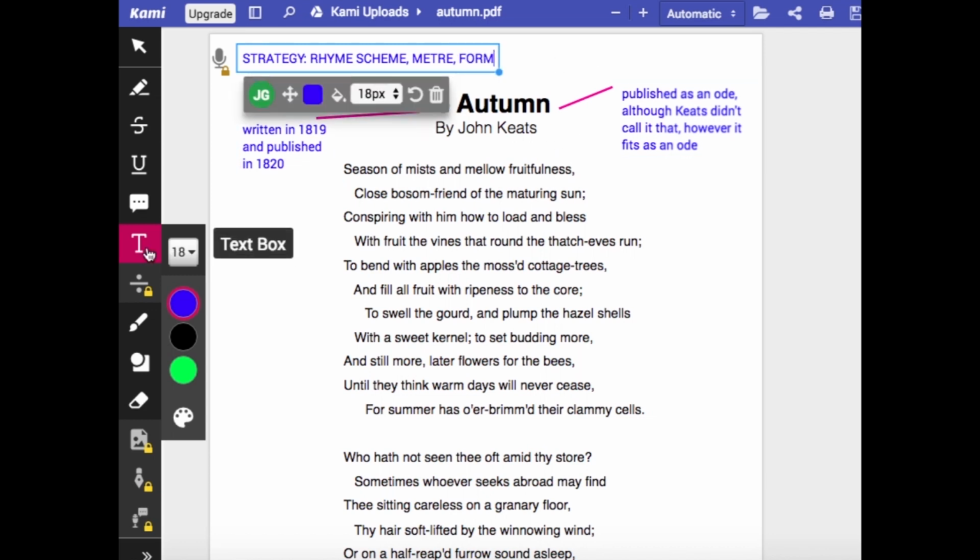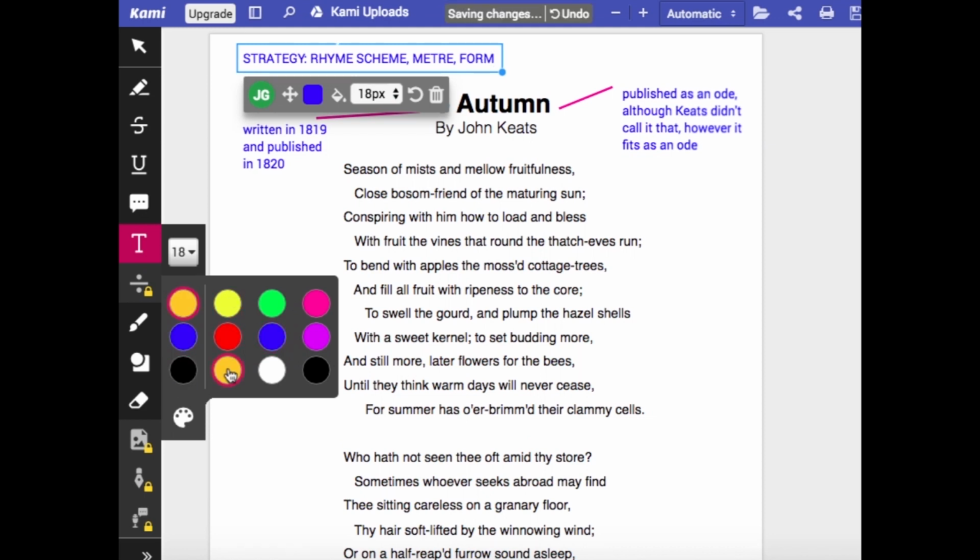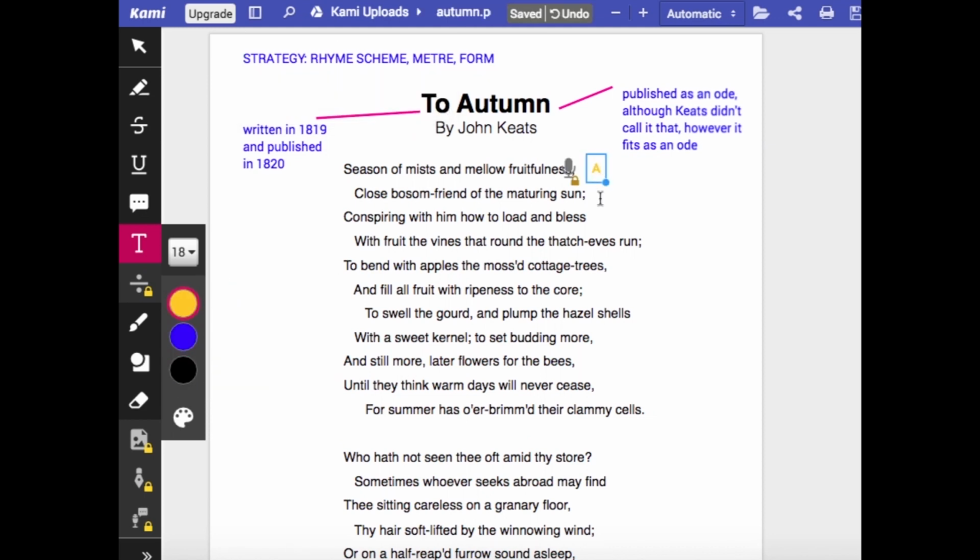So the first thing is rhyme scheme. A, B, back to A, and this is the way that we annotate a rhyme scheme, simply by using the alphabet. The first rhyme is A, the second is B, and you can run all the way through a poem like that. Usually you only need to look at the first stanza.